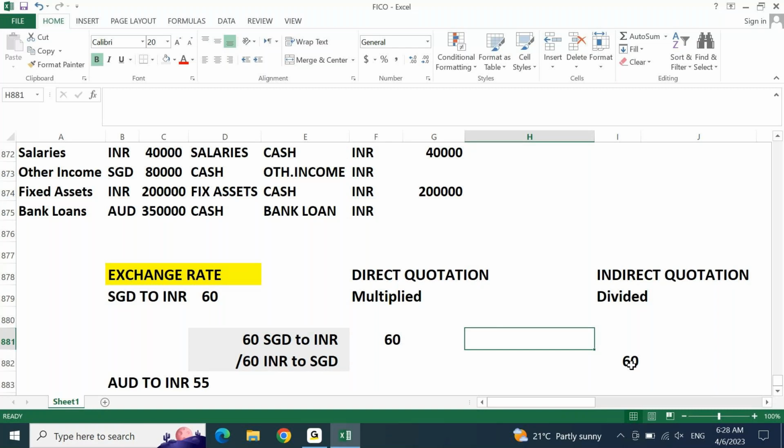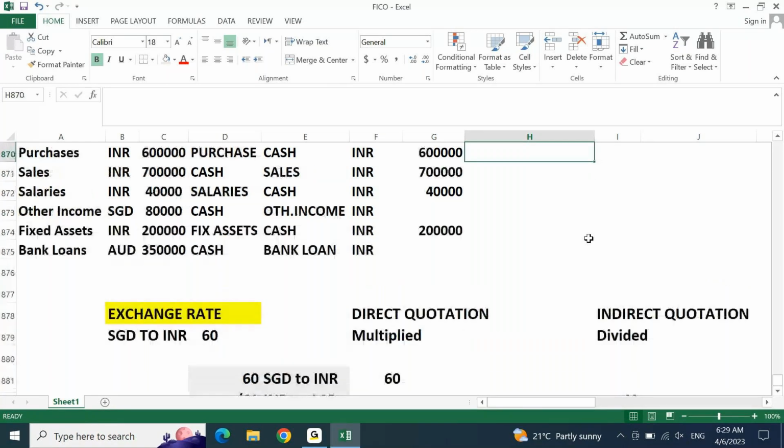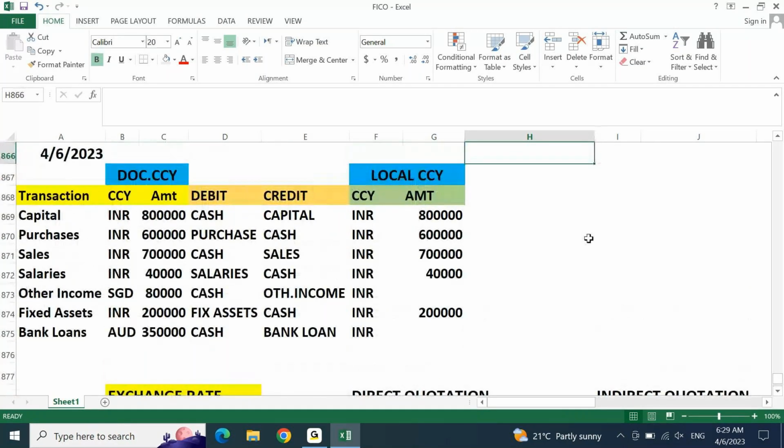The system will do wrong calculations, your conversion will go wrong. Sometimes when they say the exchange rate is not coming properly, the first thing you have to do is check in your exchange rate table whether the data is maintained properly or not. Now, according to this 60 rupees exchange rate, what will be the value here?